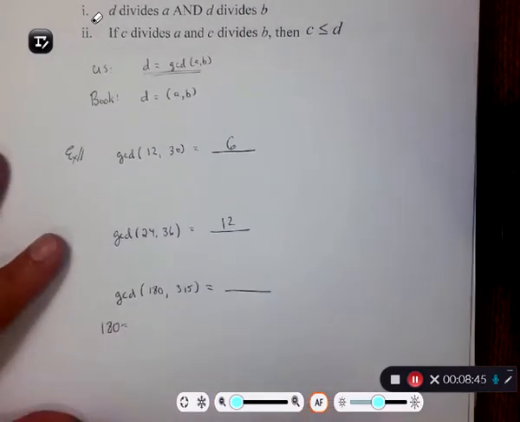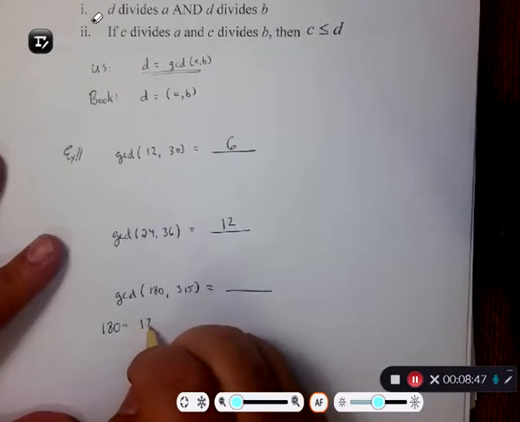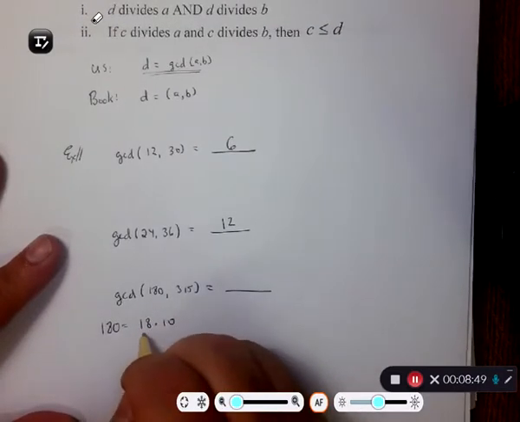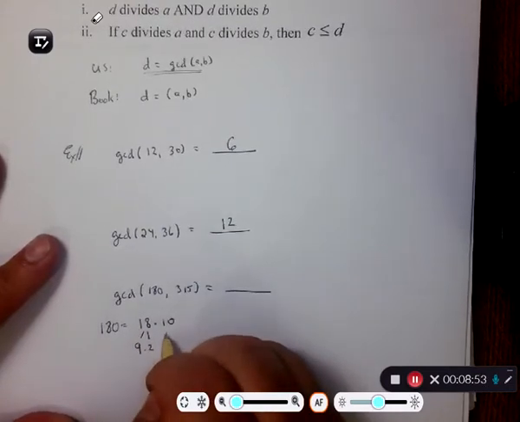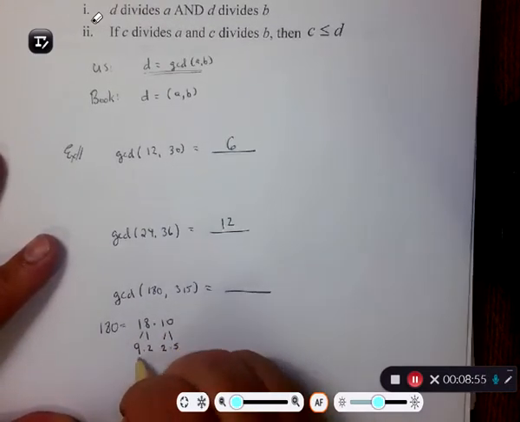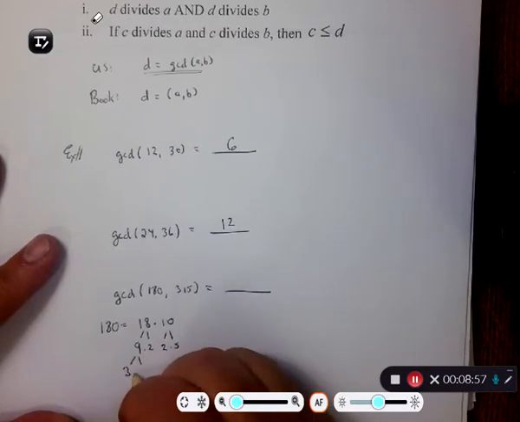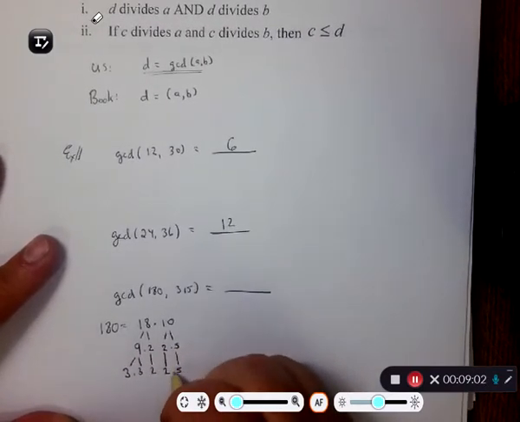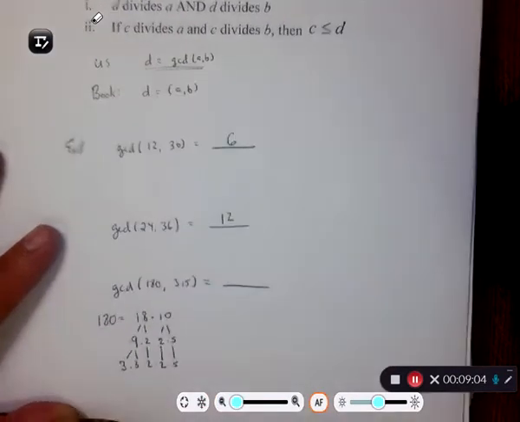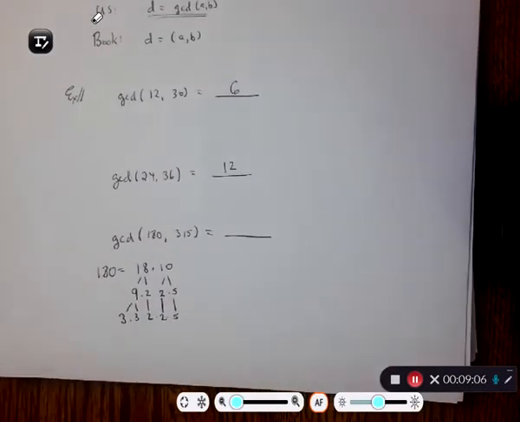Now 180 is, we'll do it easy, 18 times 10. Well, we can break that up. 18 is 9 times 2. 10 is 2 times 5. 9 is 3 times 3. And then bring down your times 2 times 2 times 5. And this is what we call the prime factorization. 180 is 3 times 3 times 2 times 2 times 5.